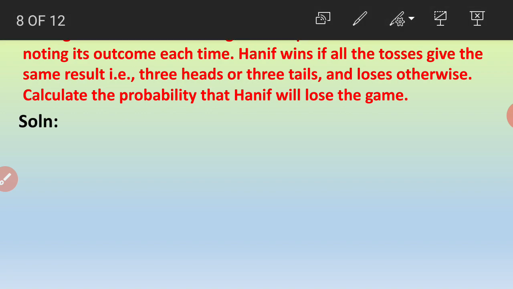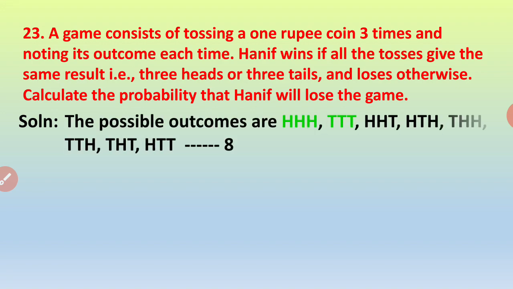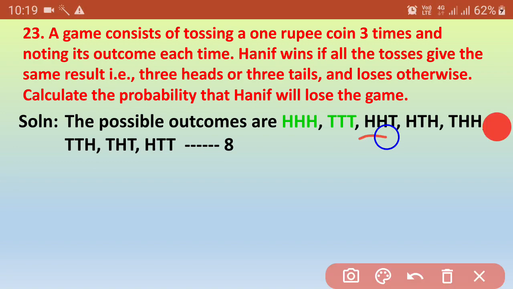Let us try to write all the possibilities. Here, the possible outcomes are HHH, TTT, HHT, HTH and so on. Here, one thing that we have to understand is that the outcomes HHT, HTH, THH are completely different outcomes.